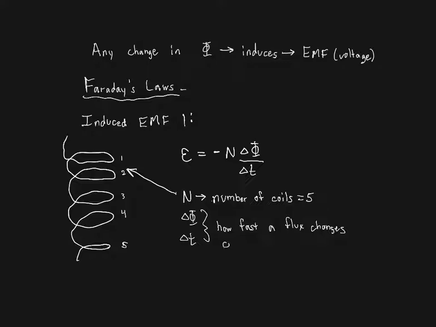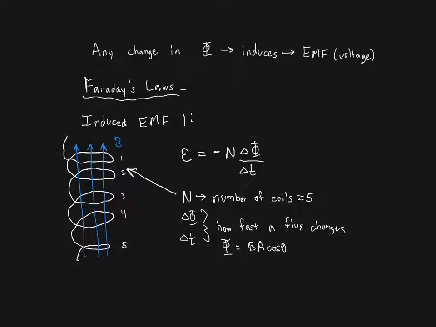And we need to remember that this magnetic flux equation is B times A times cosine of theta. So I might have a changing magnetic flux by, let's say I have maybe a strong magnetic field with 3 lines going through this loop going up, and then I actually turn down my magnetic field so that I'm creating a smaller magnetic field. So this would mean that I would get rid of one of those lines.